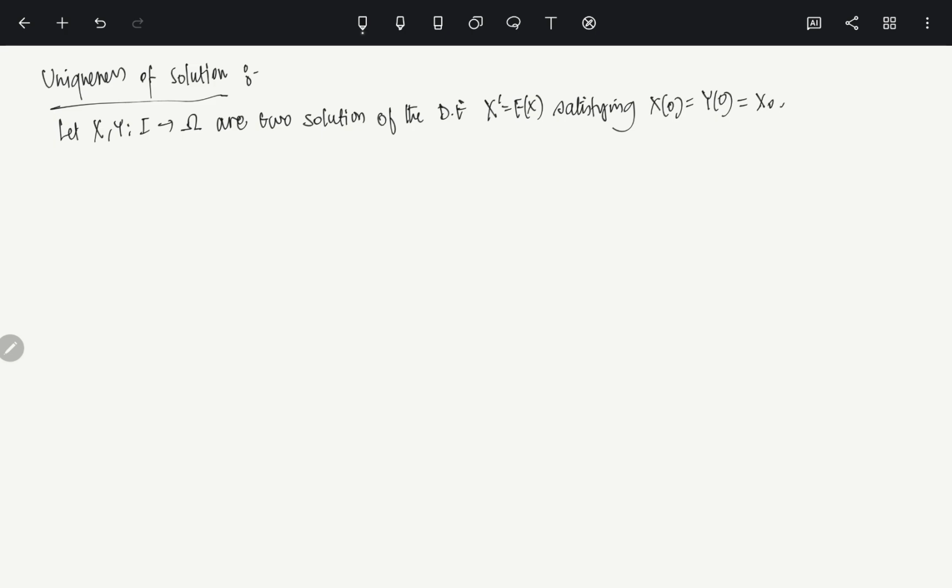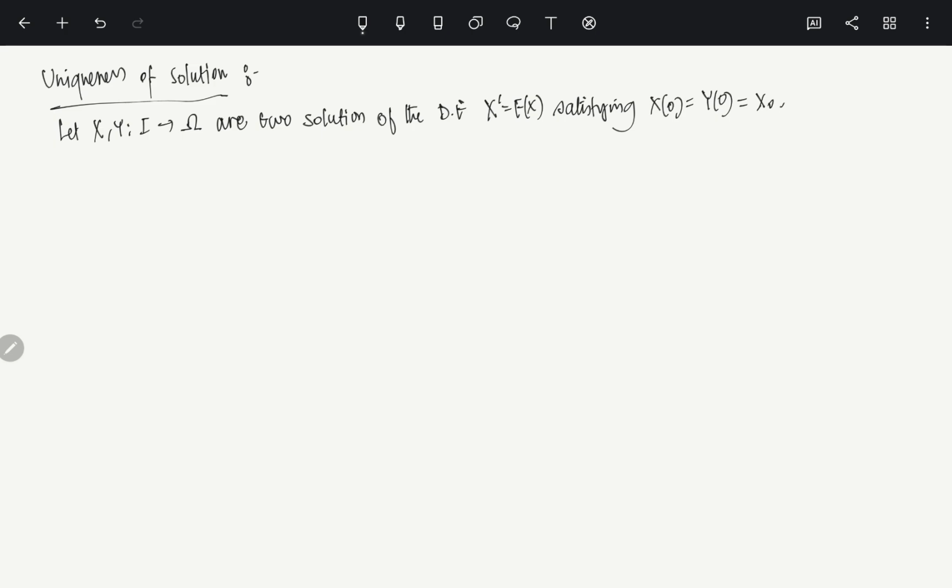Okay, see, why is x and y from I to R? This x of t and y of t should also satisfy f of x(t), right? And f, the domain is omega, so basically x(t) has to be in omega. Clear? So in that sense, essentially.